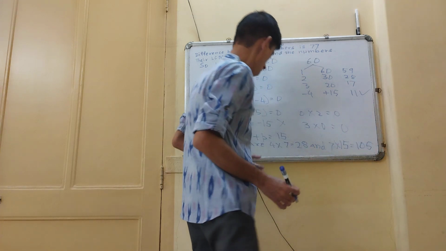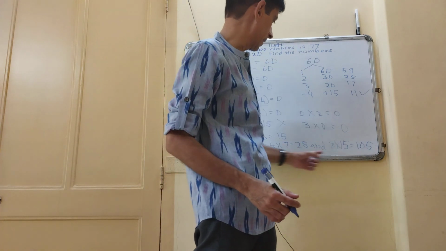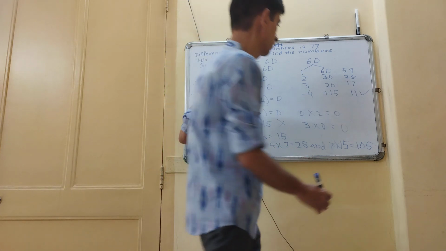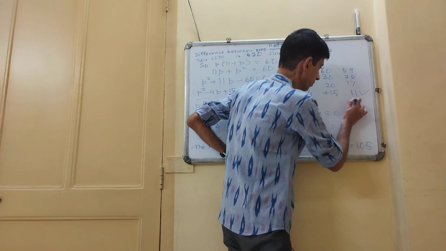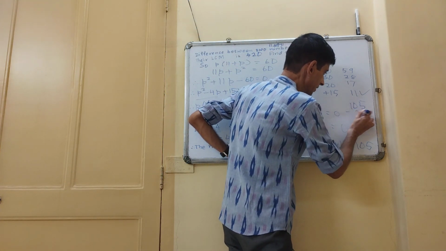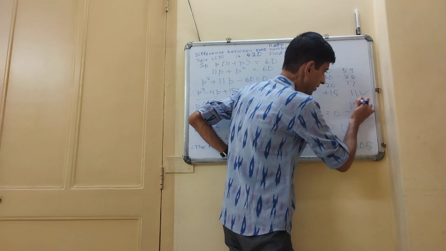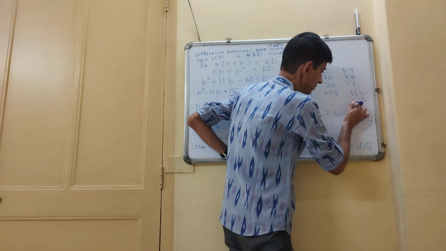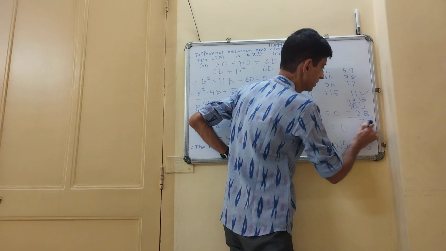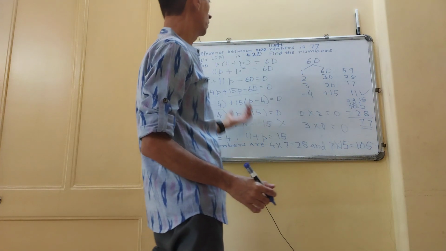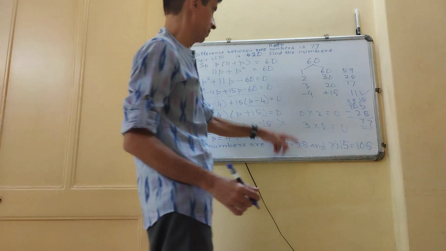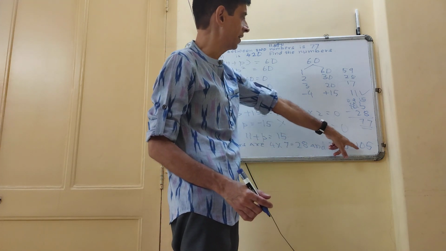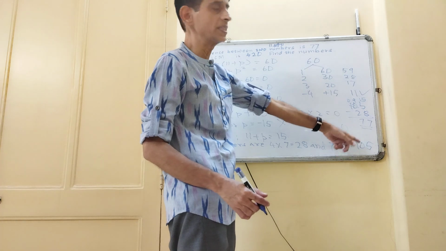Let's check it out. 105 minus 28. What will be the difference? 105 minus 28 is 77. And if you find the LCM, it will be 105, double is 210, its double is 420.